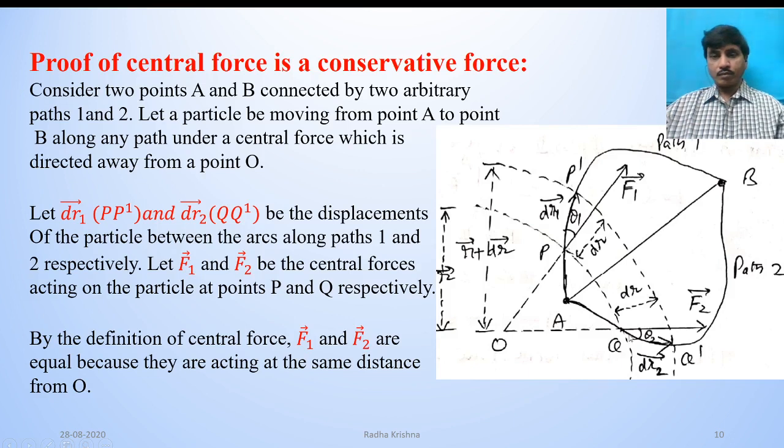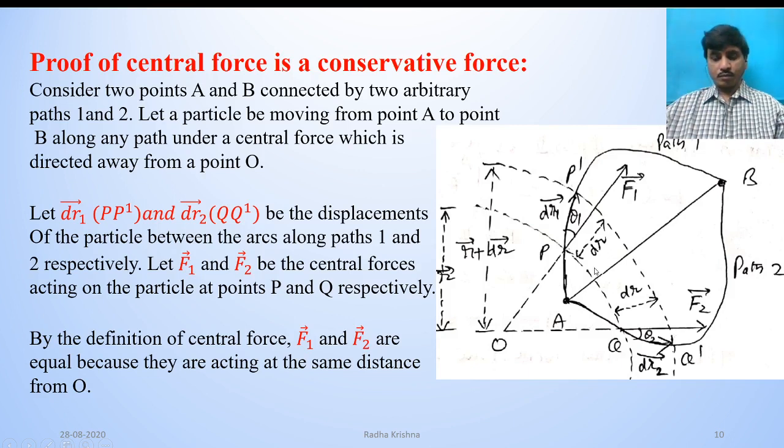In the diagram, theta 1 is the angle made by dr1 bar with the direction of F1 bar and theta 2 is the angle made by dr2 bar with F2 bar.